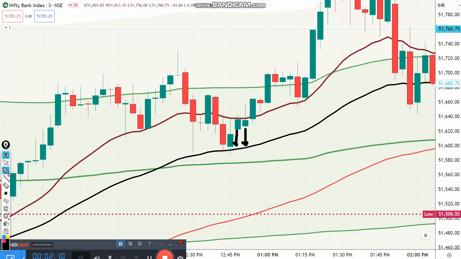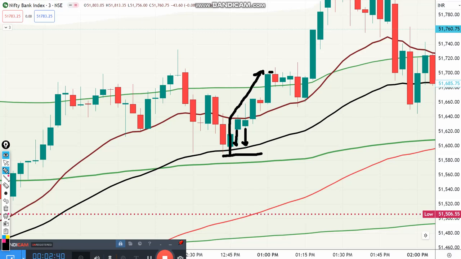It came back to 50 EMA, but this low of the candle was not breached. It went up. So this is a connecting candle. Though it is not a full body candle, it can be considered a connecting candle, connecting 21 EMA and 50 EMA. It went up to the VWAP band.